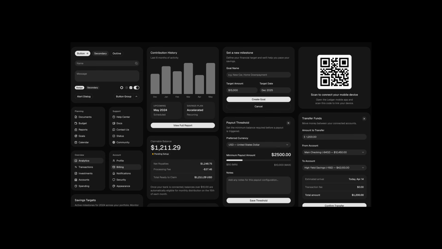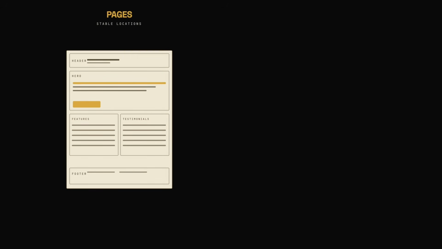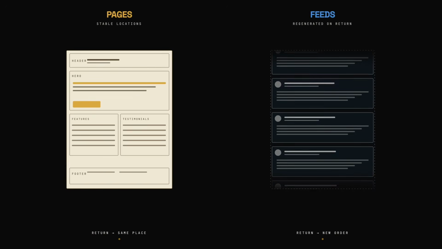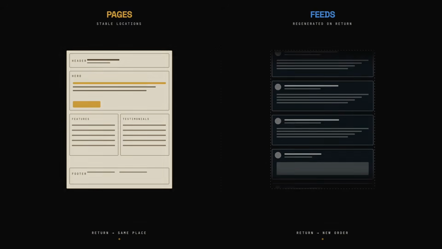Most software today is assembled from reusable components, optimized for consistency and shipping velocity. Responsive design pushed interfaces away from fixed spatial arrangements because everything now had to work across every screen size. Then feeds replaced pages. Instead of returning to stable locations, users return to a stream that regenerates every visit. The structure no longer promises that anything will still be where it was before.